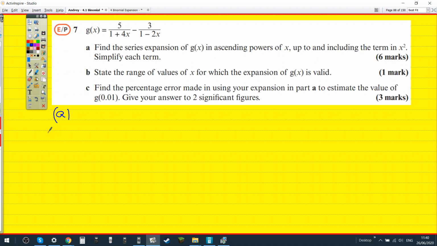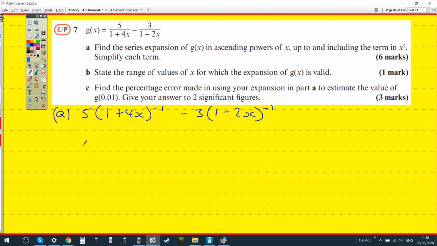So do I first need to put the two fractions here into powers? Yeah. So would that be 5 times 1 plus 4x to the power of minus 1? Mm-hmm. And 3 times 1 minus 2x to the power of minus 1? Yeah.